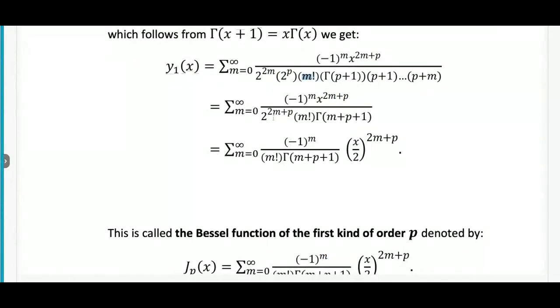Let's simplify this a little bit. So we have 2 to the 2m plus p, m factorial, times gamma of p plus 1 times p plus 1, until p plus m. That is gamma of m plus p plus 1.